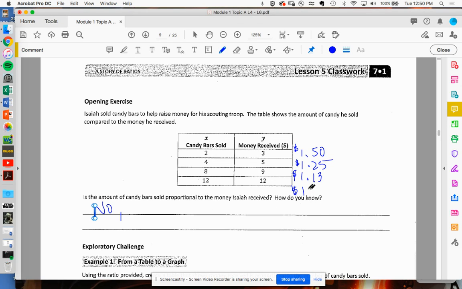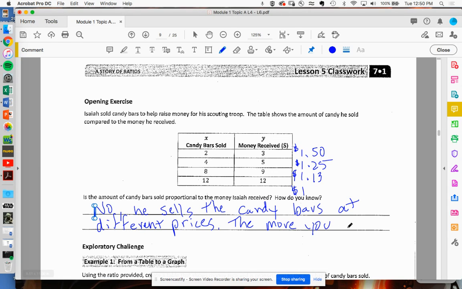Okay, so we know there are different K values, so we could say no, he sells candy bars at different prices. And basically, the more you buy, the better the deal.